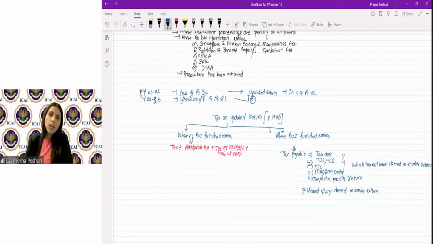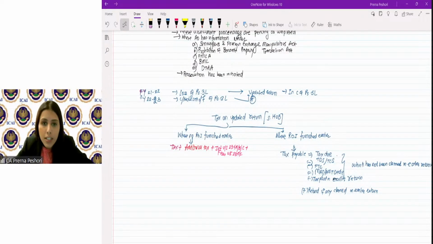Because what you are doing is you are reducing the tax paid in earlier return, which is after considering all the TDS, TCS, advance tax, AMT, MAT, FTC, everything. So, again, you will not reduce TDS or TCS. You will only reduce the credits which are not claimed in the original return. And you would add back the refund, if any, which has been claimed in the earlier return.